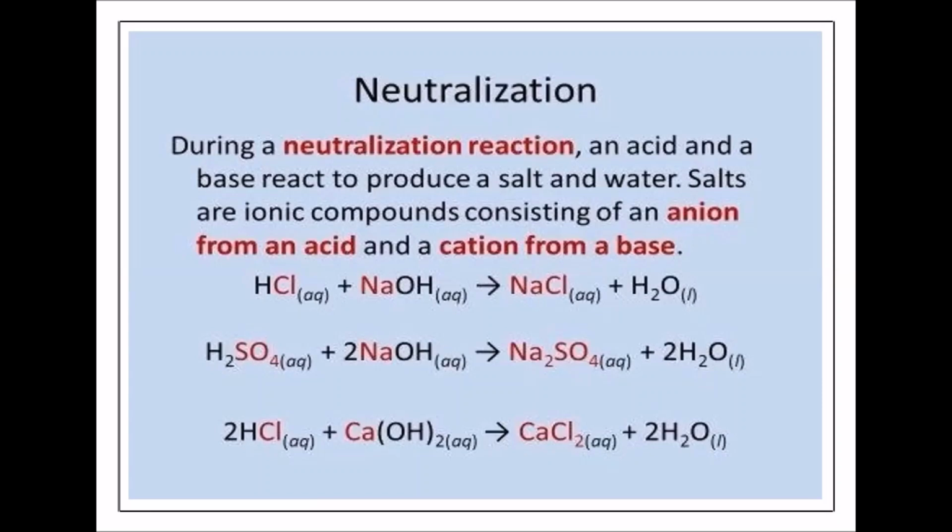Anion is negative charge, cation is positive charge. In the equations, you can observe HCl plus NaOH gives rise to NaCl and water. From HCl we get Cl minus, and from NaOH we get Na plus. Cl minus plus Na plus gives rise to the NaCl molecule.